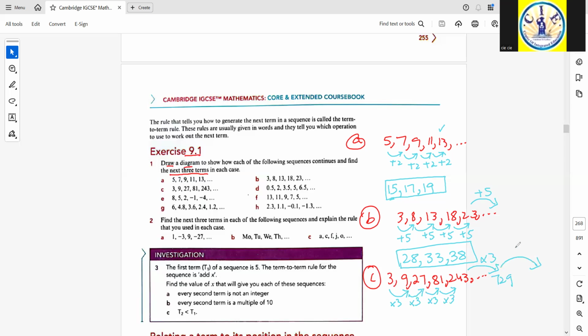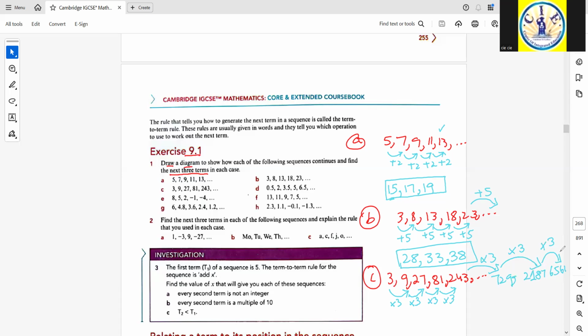Then multiplying 729 by 3, we get the next term of this sequence, that is 2187. And then multiplying this by 3, we get the next term of the sequence, that is 6561. So this is how we get the next three terms of this sequence.